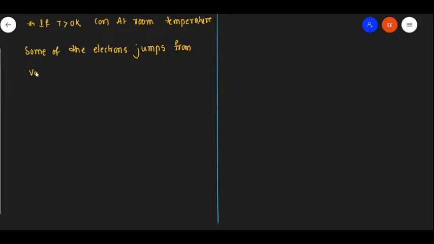From the valency band to the conduction band.